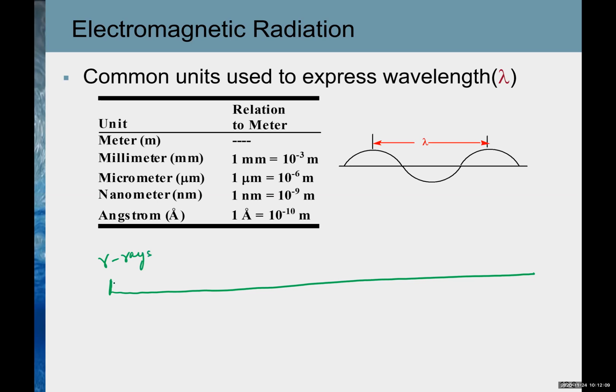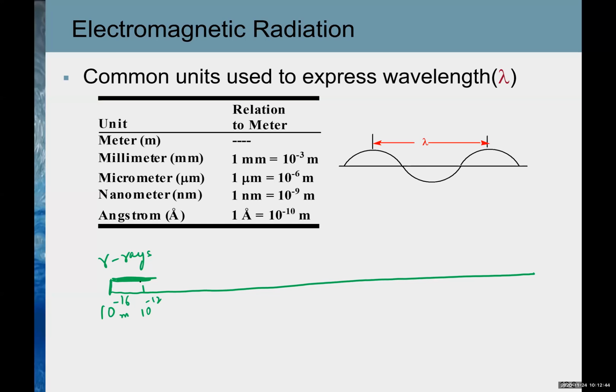In this case, the wavelength is smallest. In gamma rays, the wavelength is in the range of 10 to the negative 16 meters. That's the order in meters. It's extreme, from 10 to the negative 16, maybe up to 10 to the negative 14 or 12.